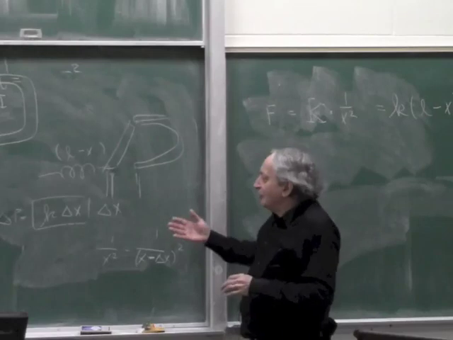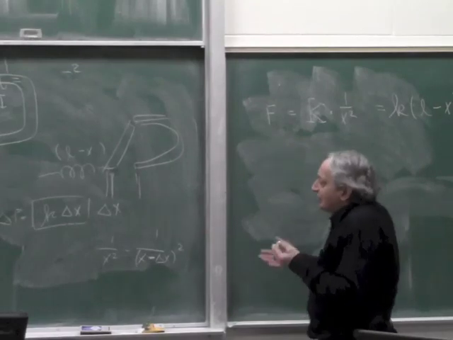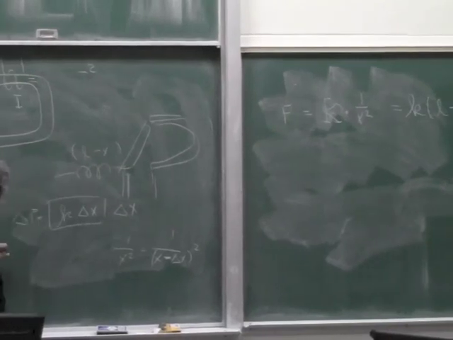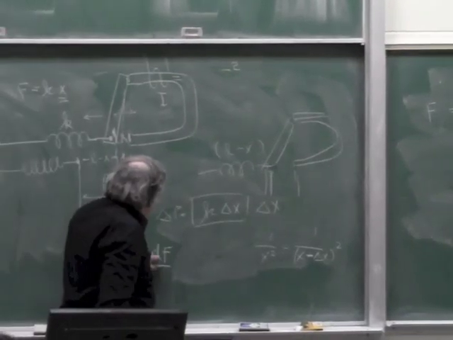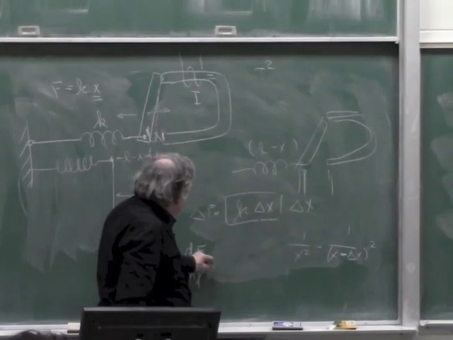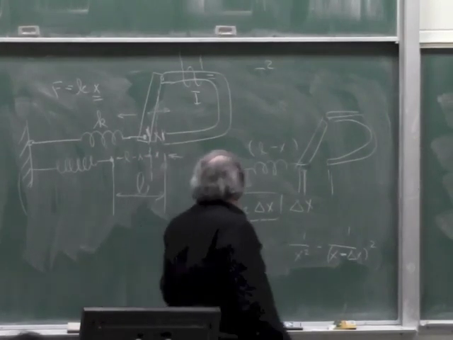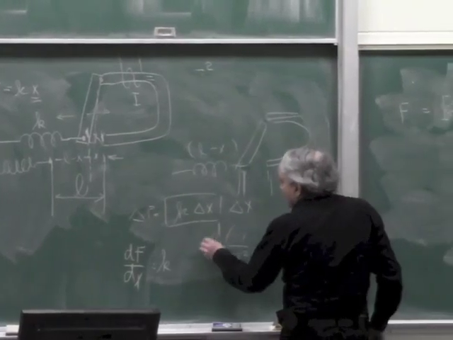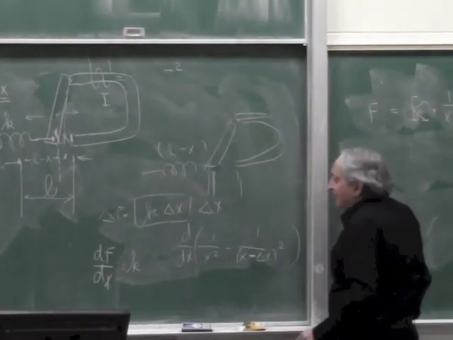So how do I formalize it? When I look at it, I say, what does this really mean? It means that df over dx on this side, which is simply k, is going to be smaller than d over dx of this side.